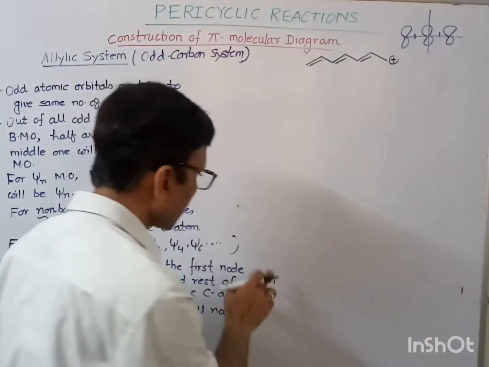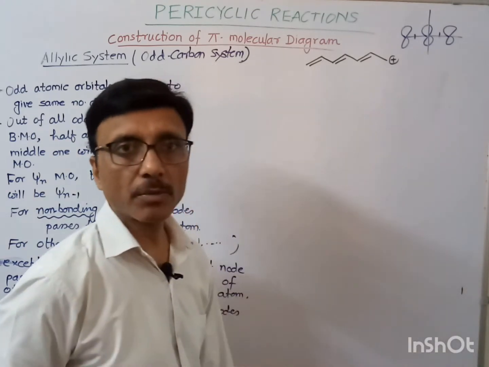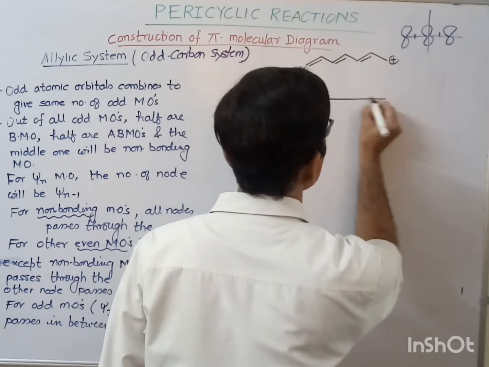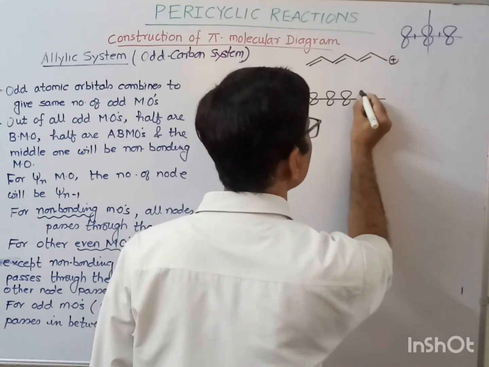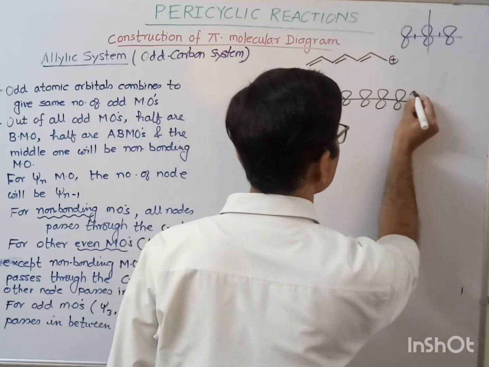If you see, the number of molecular orbitals formed is equal to 7. So you may draw 1, 2, 3, 4, 5, 6, 7 like this.